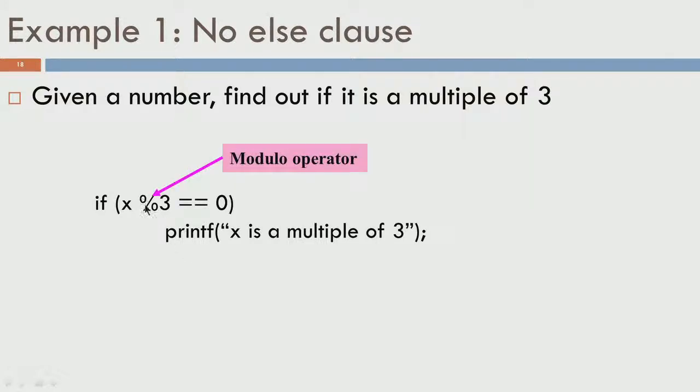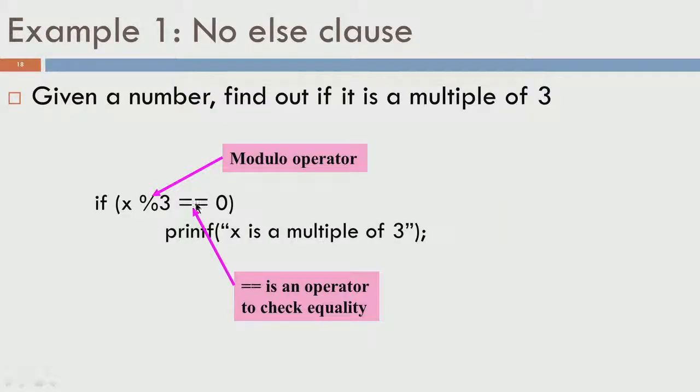Remember this percentage as the modulo operator that I introduced in lecture 1. This % 3 means you are looking at x mod 3, and what is new here is this double equal to. It is an operator in C which checks for equality. A single equal to symbol is used for expression evaluation, as we did in the previous lecture: P2 equals something, P1 equals something, and so on.